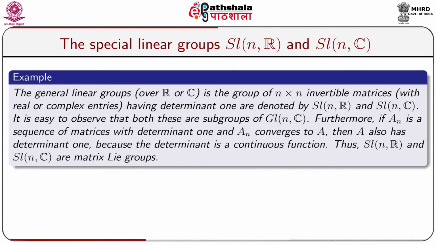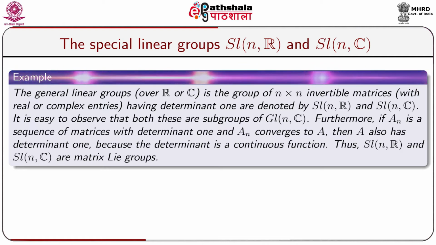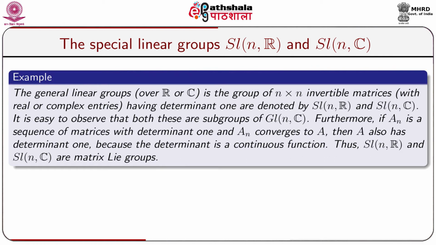Another example of matrix Lie groups are SLNR and SLNC, where by SLNR or SLNC we mean all those elements of GLNR and GLNC whose determinant is 1.